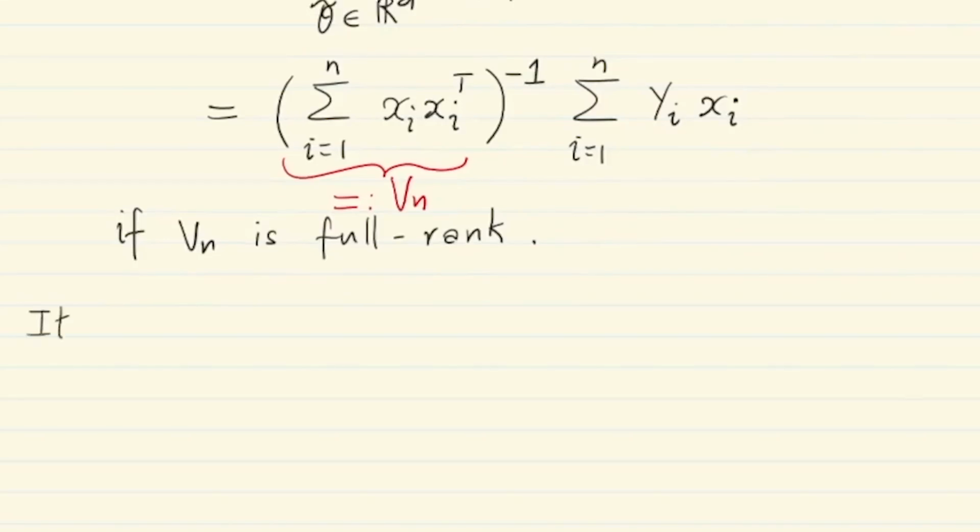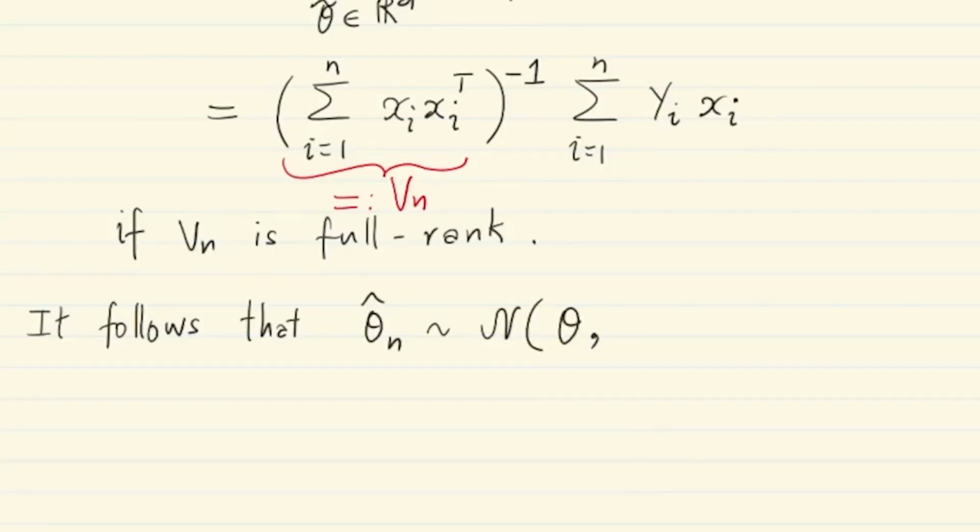More precisely, theta hat n is distributed as a multivariate normal vector with mean the original parameter theta, and with covariance matrix sigma square Vn inverse. Sigma square, recall, is the variance of the per measurement additive noise, and Vn in some sense is the overall design matrix representing how much of each direction in the space of d dimensions is being explored.